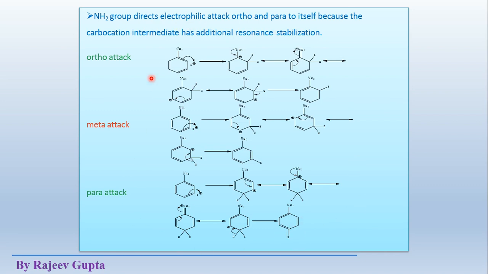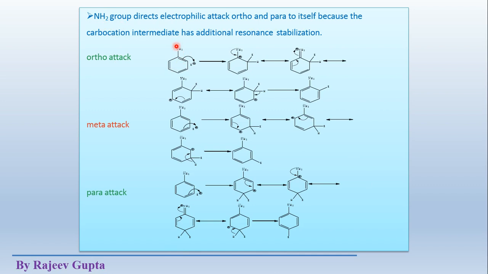So this is all about the activating, deactivating nature and ortho-para directing nature of monosubstituted benzene, where the substituent has plus I effect or plus R effect. In case of alkyls like methyl or ethyl, these show plus I effect, but these type of substituents show plus R effect.